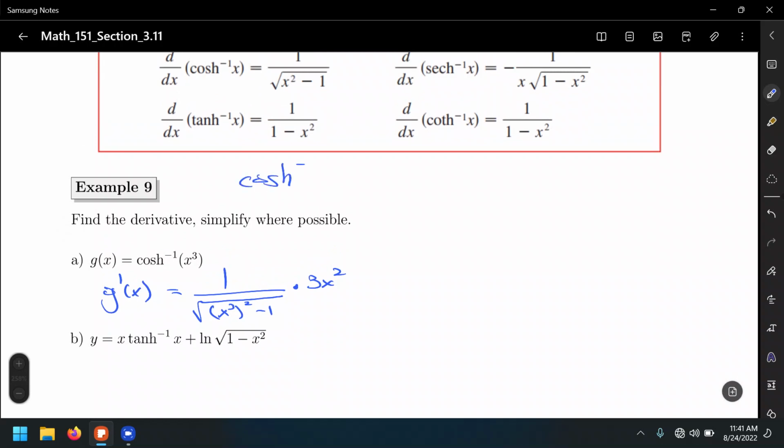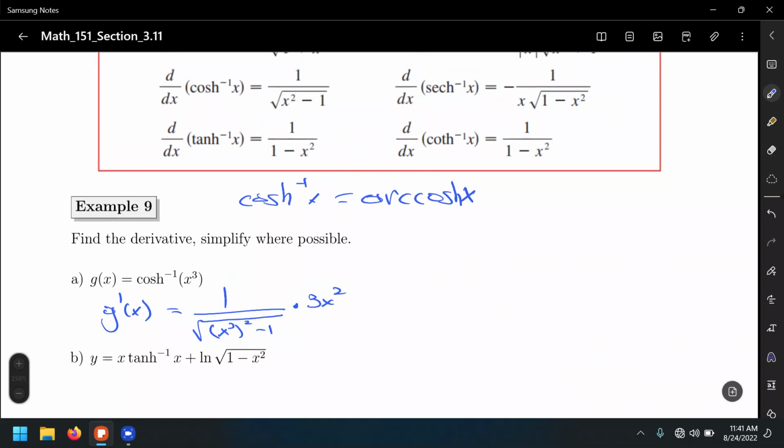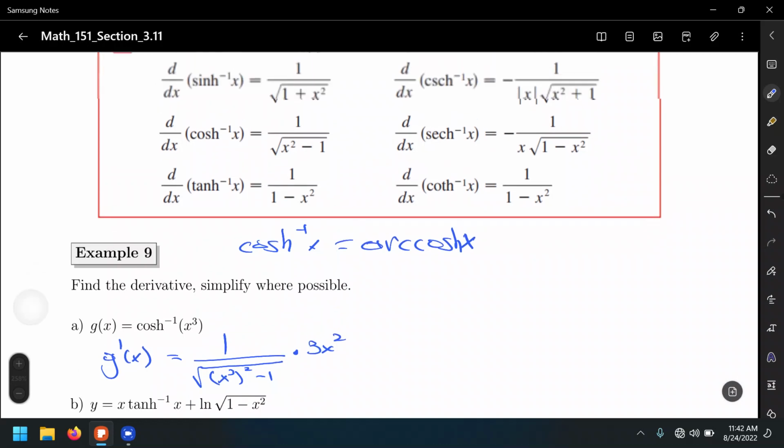Cosh inverse x is also arc cosh. Yep, that's the other notation. Isn't that 1 minus x squared? Which one? The proposed inverse cosh. Oh, okay. No, it's x squared minus 1. It's the second formula here. Yeah. No worries.